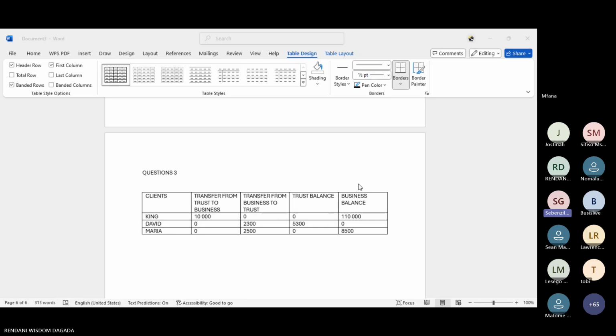Which account do you debit and which one do you credit? Okay, which two accounts are affected here? I think business is being affected. Yes, and? I'm not sure about trust.